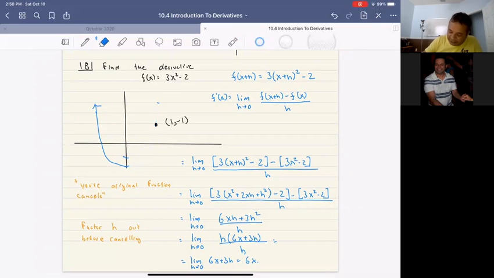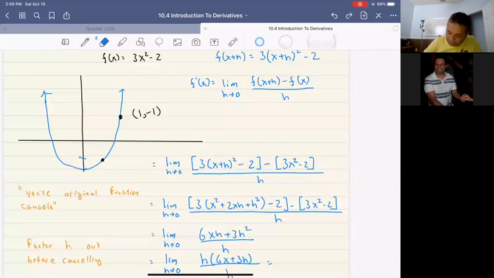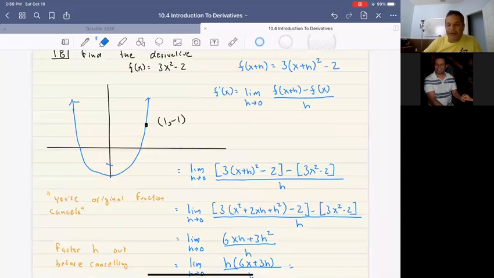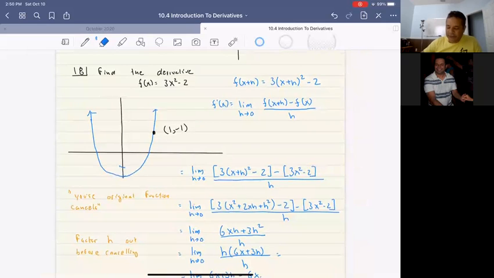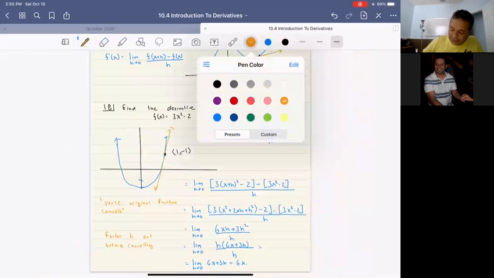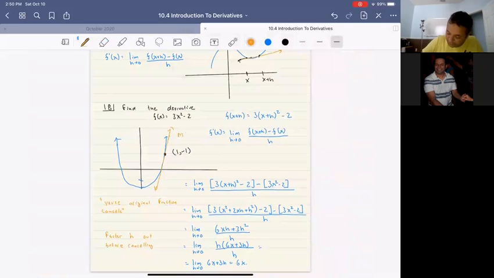Okay, let me erase that up. There we go. We have the point there, 1 comma negative 1, and I draw the tangent line. Then based on what I've got here, the slope here should be 6, because it's 6 times whatever that x is.